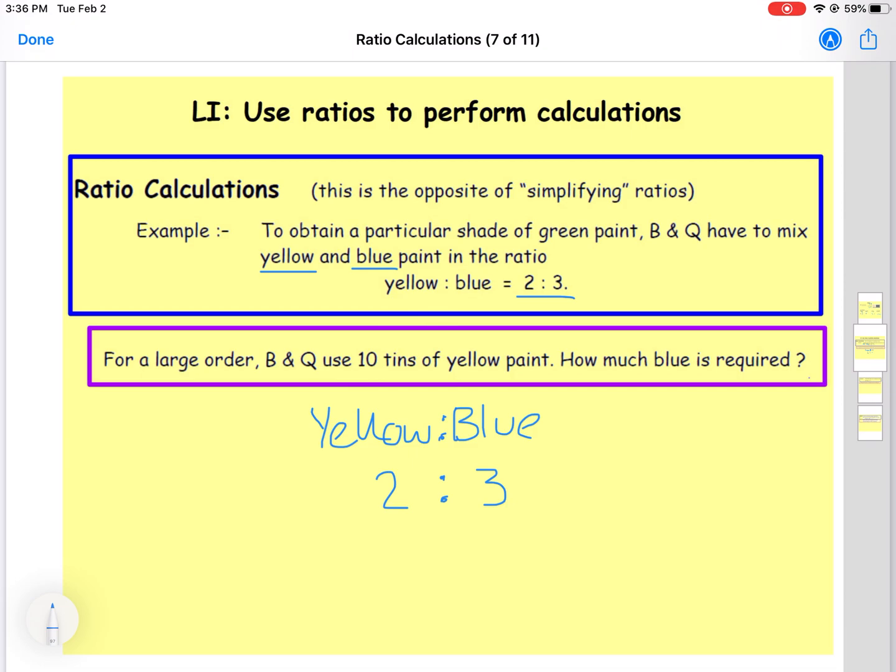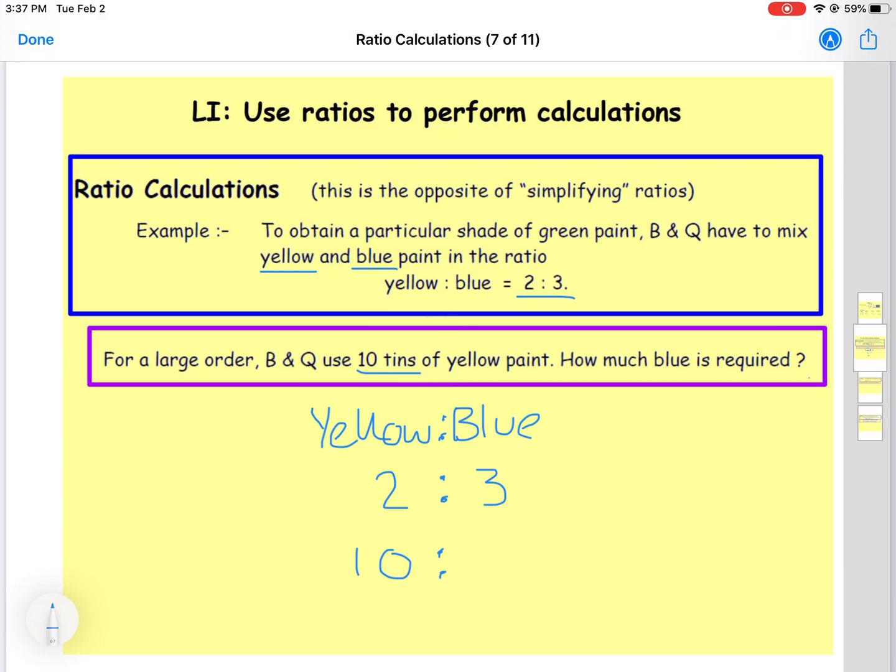Now if I use the information contained in the purple box, I am looking for 10 tins of yellow paint. So underneath the yellow paint, I am going to put the number 10. Now this is essentially what we did with fractions when we found equivalent fractions. We had to multiply both top and bottom of the fraction by the same number.